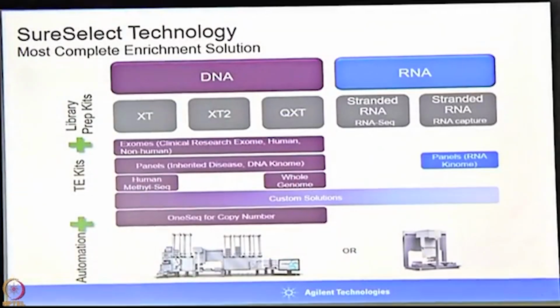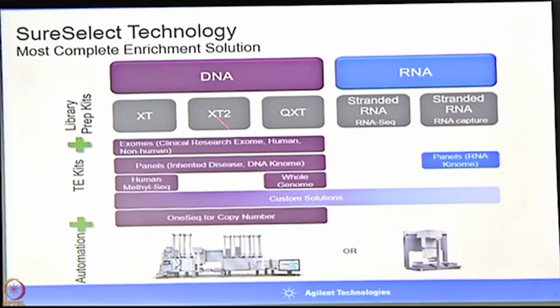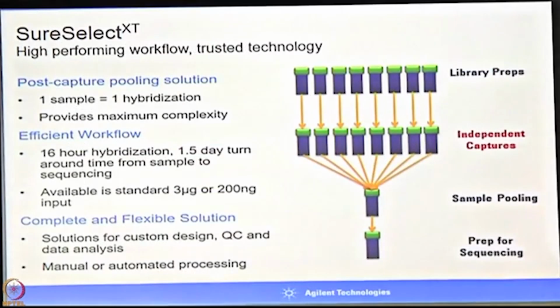So these are the different ways you can make the exome libraries. The starting material will always be genomic DNA, right? We have 3 different ways to make libraries for exome sequencing: XT, XT2, and QXT. XT is this one: if you have 8 different patients, you can make an individual library from each patient, do independent capture, and pool while sequencing.